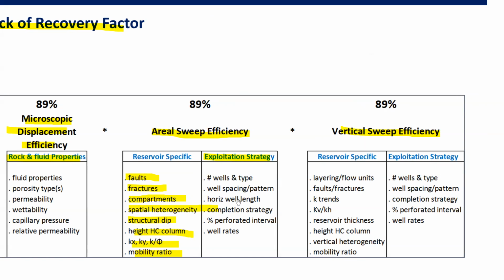And the horizontal well length sort of only controls the areal sweep efficiency. It has weak significance for the vertical sweep efficiency, although it can also impact it.